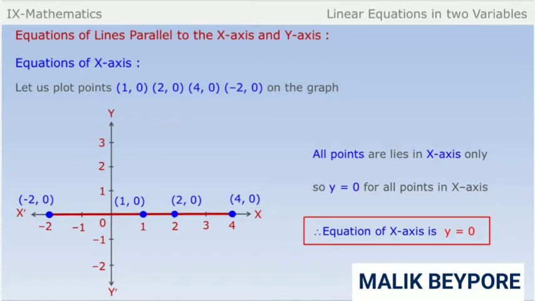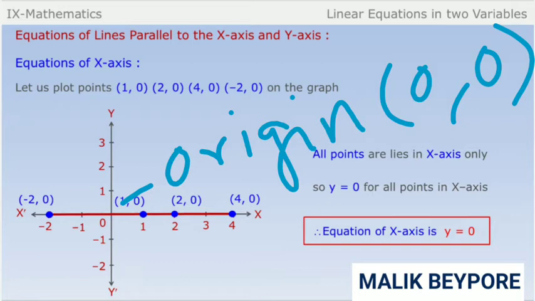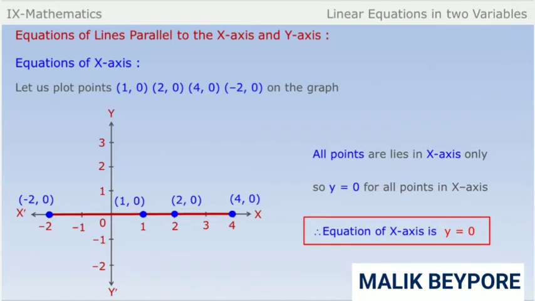Here the x-axis and y-axis intersect at one point. That point is known as the origin. This origin has the coordinates 0, 0. We will learn more about these coordinates in the chapter Coordinate Geometry this year.